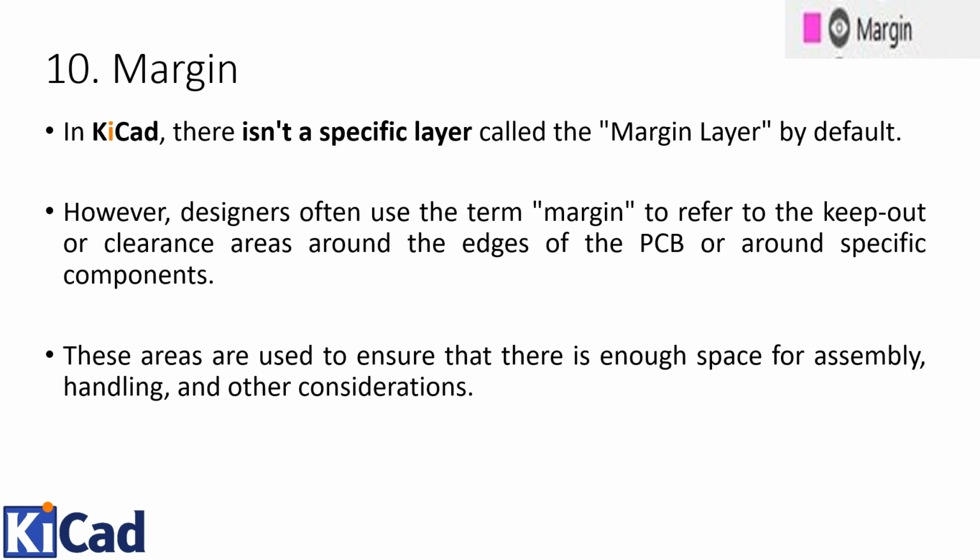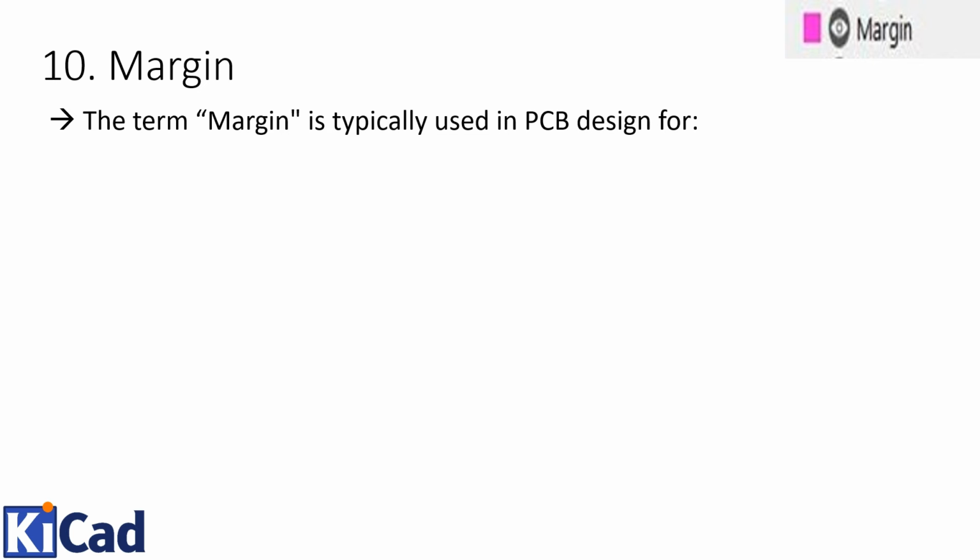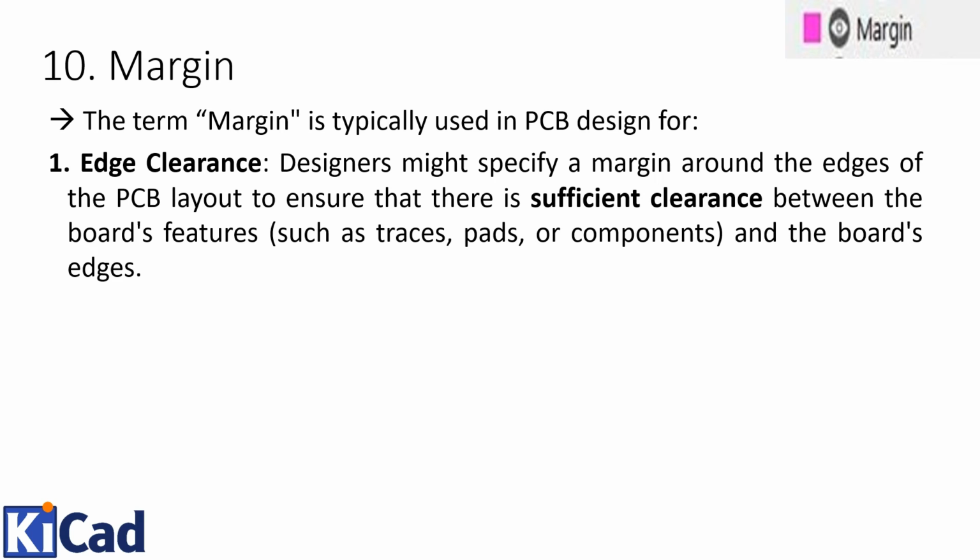These areas are used to ensure that there is enough space for assembly, handling, and other considerations. The term margin is typically used in PCB design for edge clearance. Designers might specify a margin on the edge of the PCB layout to ensure that there is sufficient clearance between the board features, such as traces, pads, or components, and the board edges.